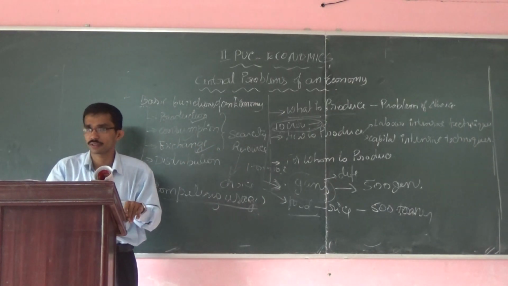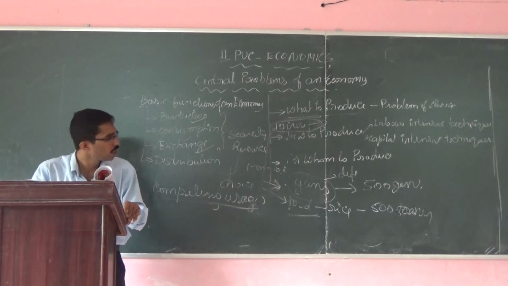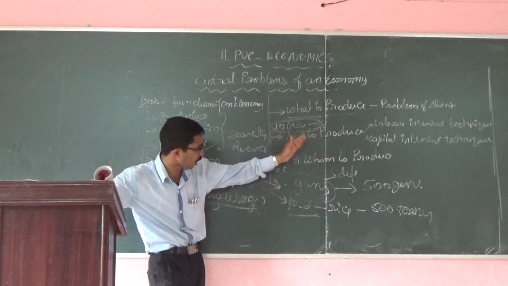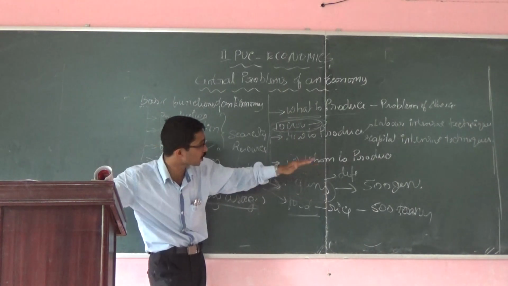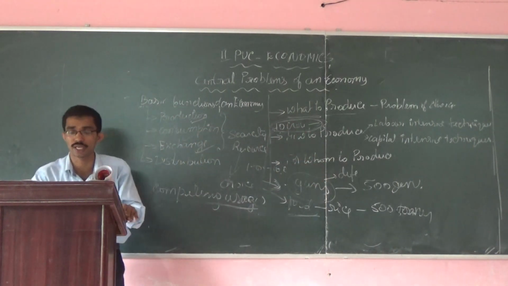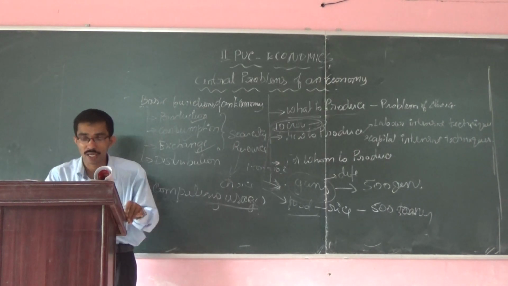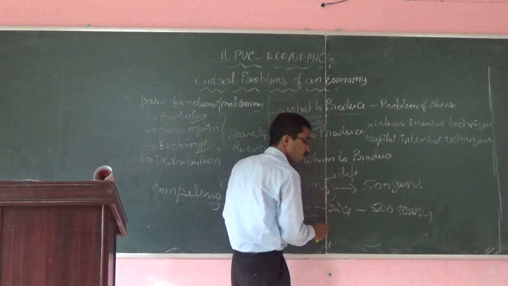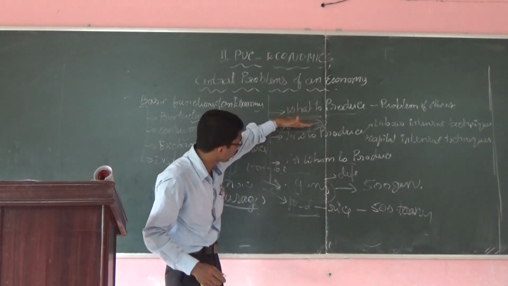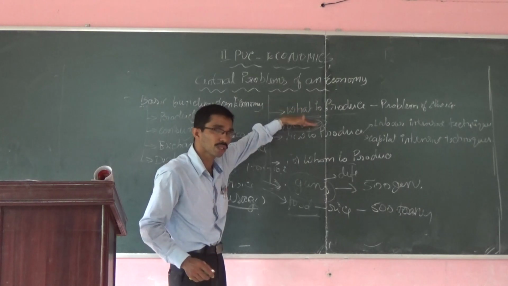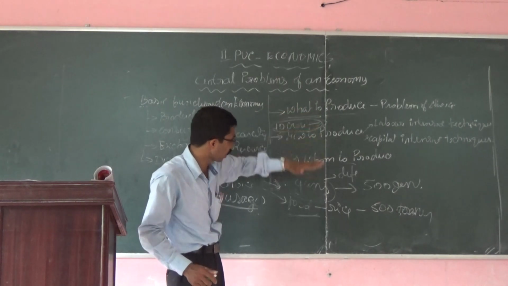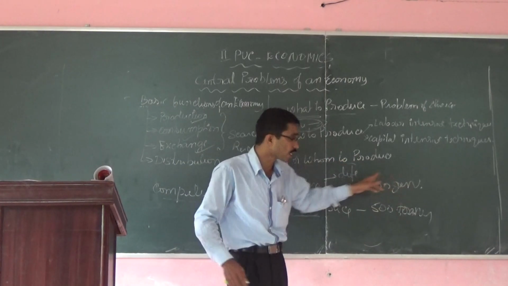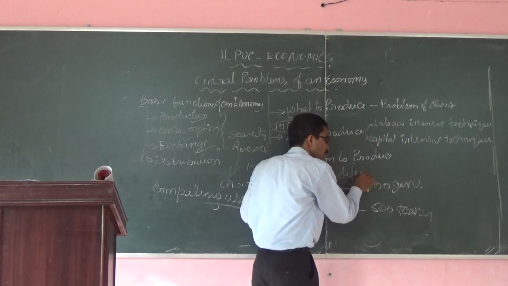Here the entire resources can be used for the production of guns. That is the benefit in terms of defense purposes, and rice for consumption purposes. The first example: 10 crores worth of resources can be fully utilized for guns, and a total of 500 guns are produced for defense purposes.